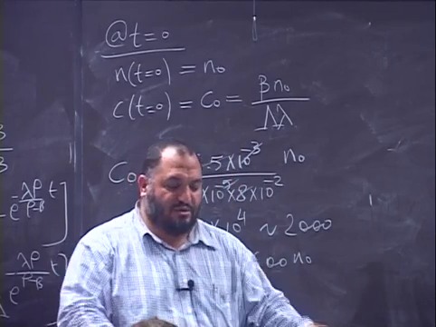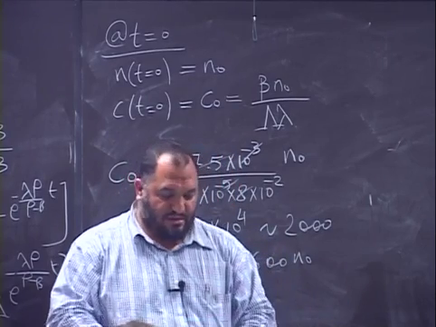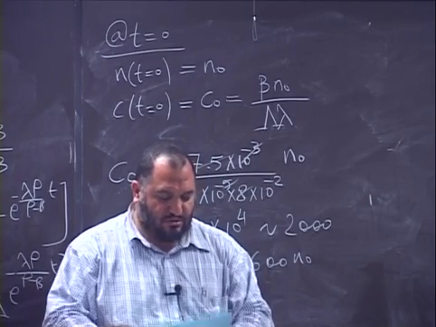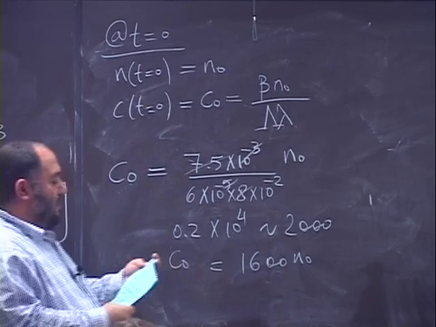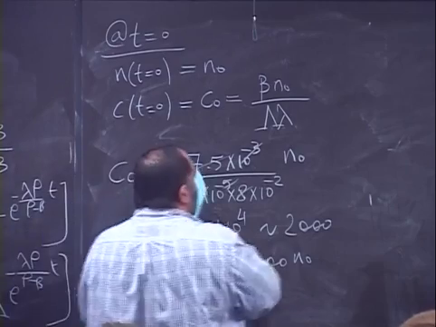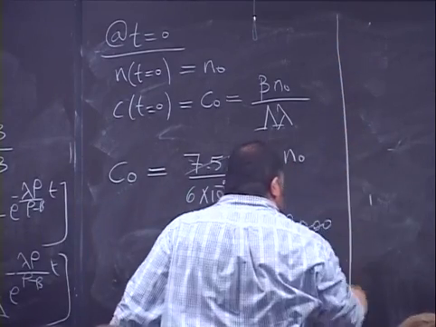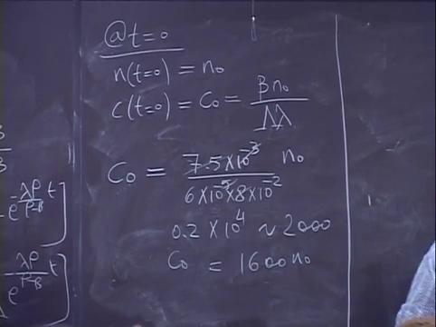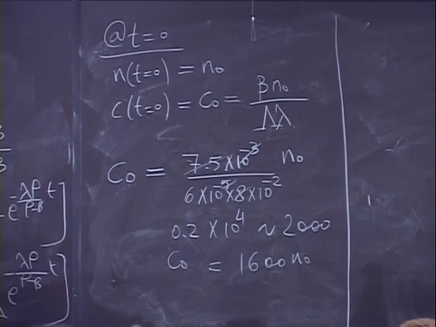Okay, this is from the one delayed neutron group approximation. So let's look for a step negative reactivity insertion as a solution for this one group delayed neutron equation.